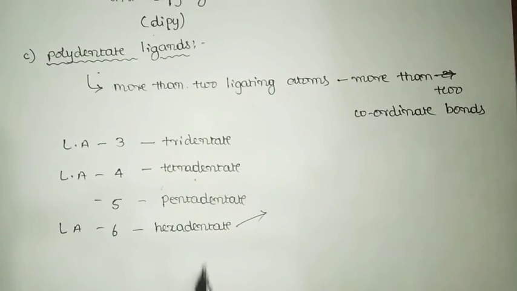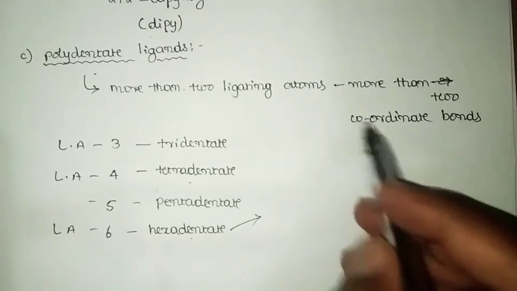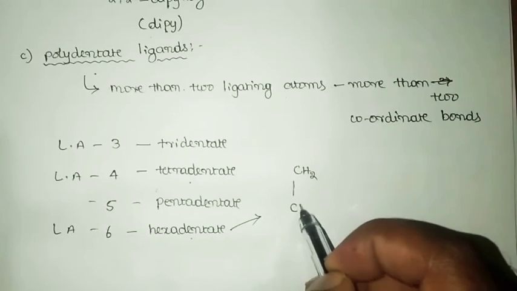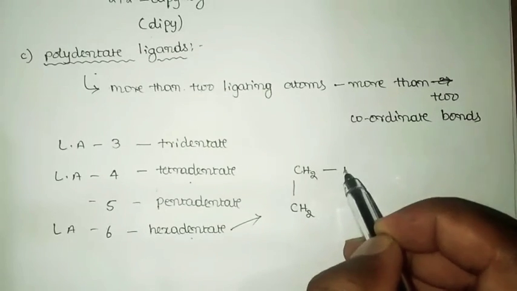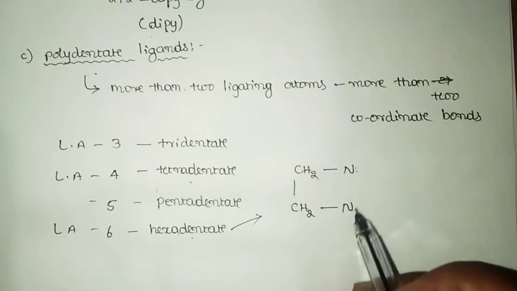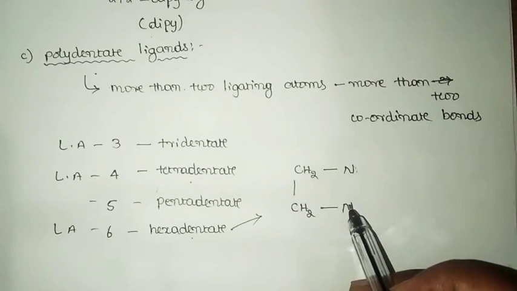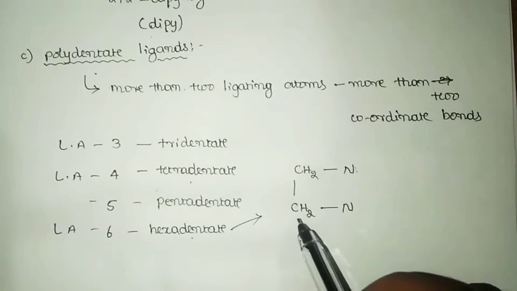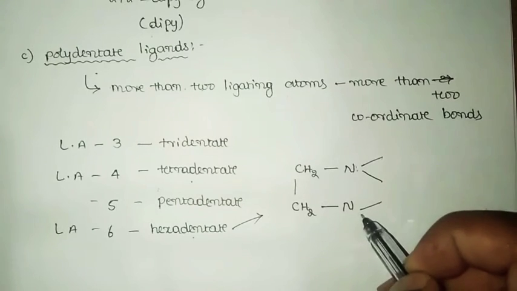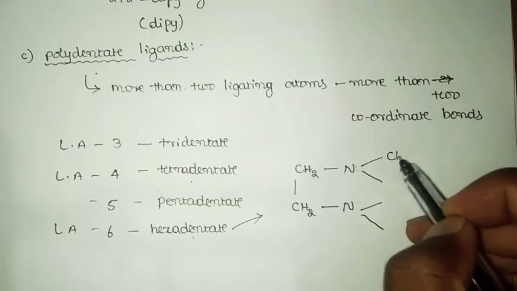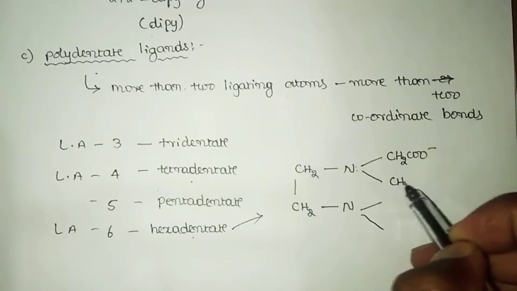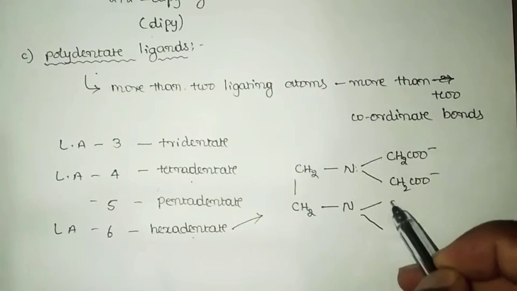So let me give one simple example for a Hexadentate Ligand. The Hexadentate Ligand is this one, CH2, CH2, N. We know that when each nitrogen atom is attached with 2 hydrogen atoms, we call that ethylene diamine. Suppose the 2 hydrogen atoms present at each nitrogen atom are replaced with an acetate ion, like this.